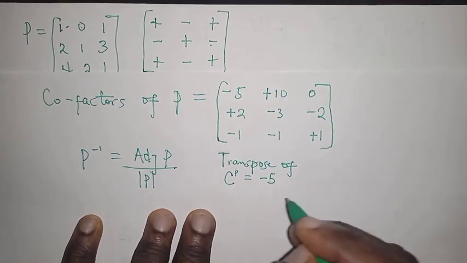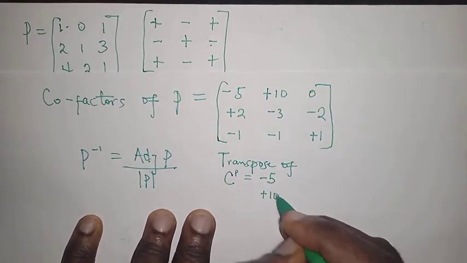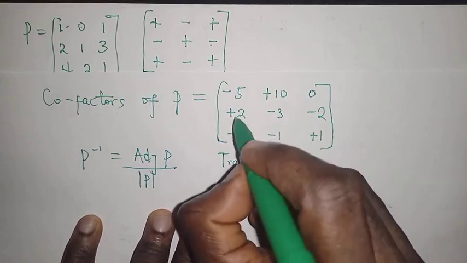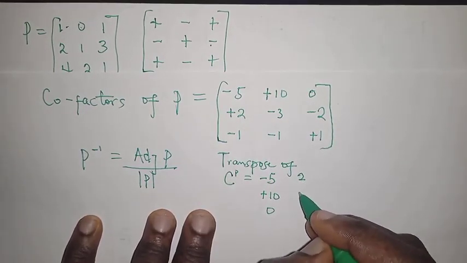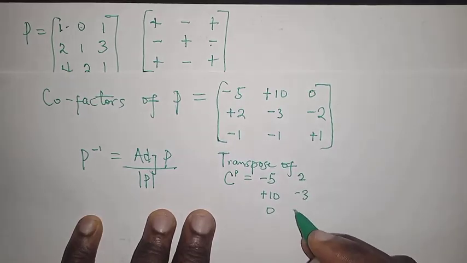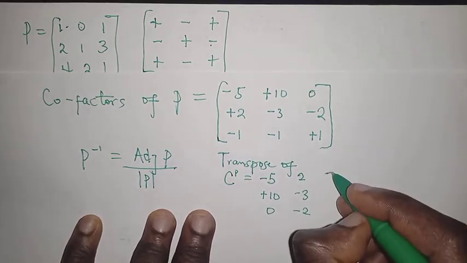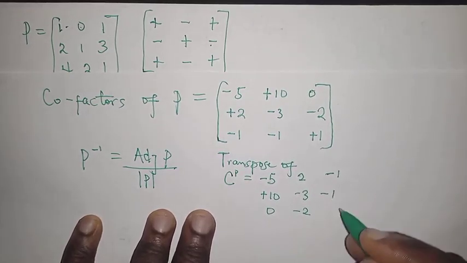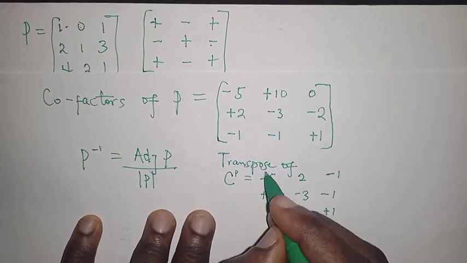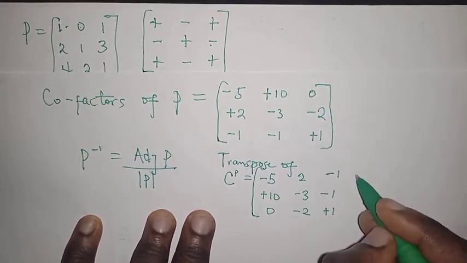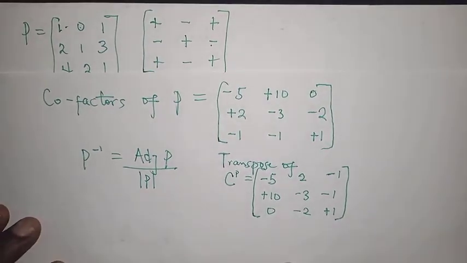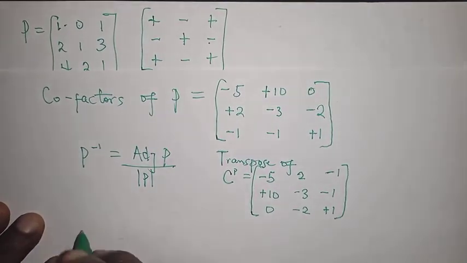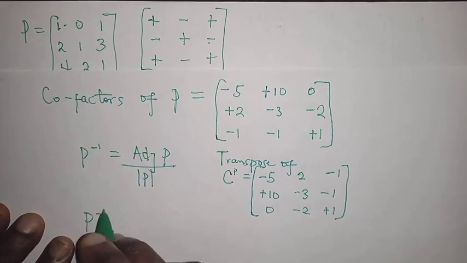While the next one is going to be plus 2, minus 3, minus 2, and finally we have minus 1, minus 1, plus 1. So this is the transpose of the cofactors.